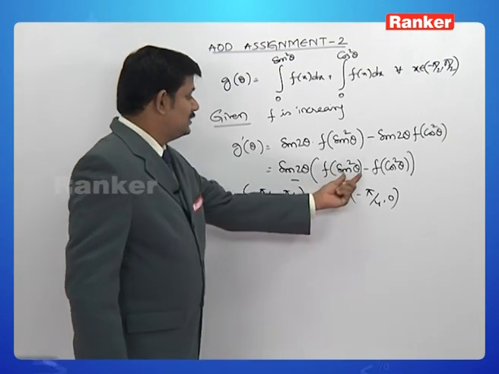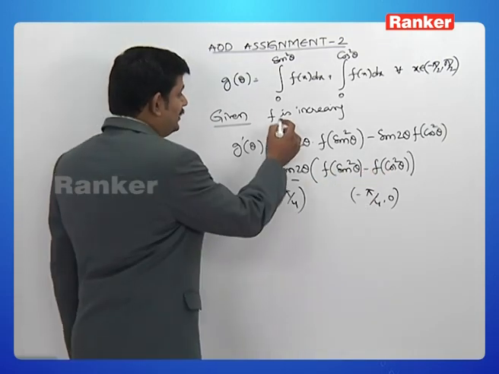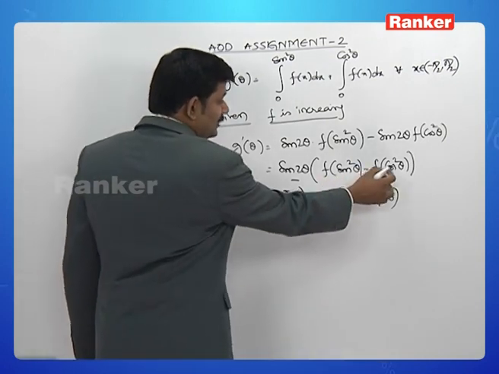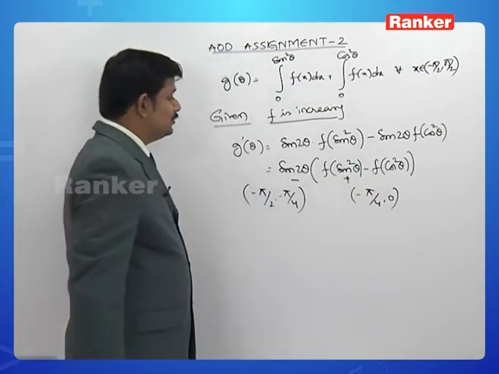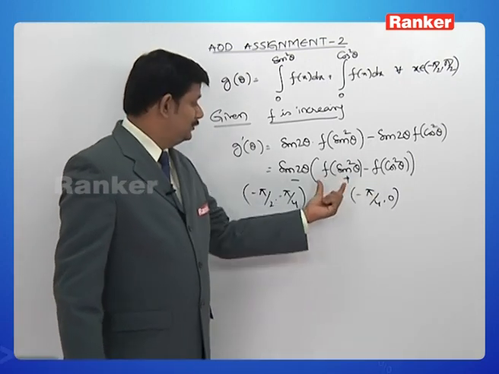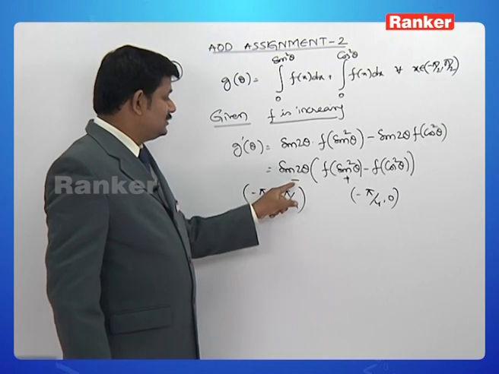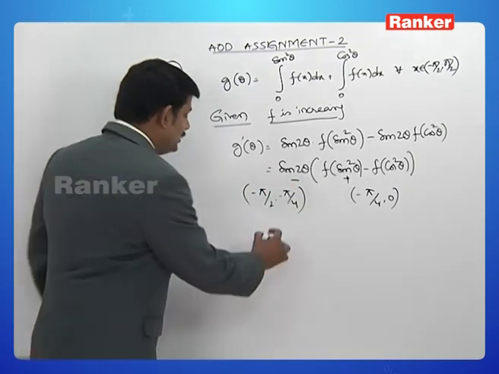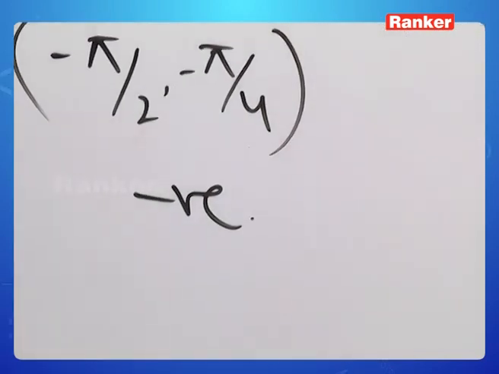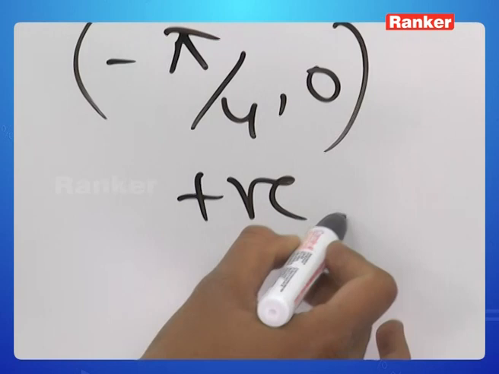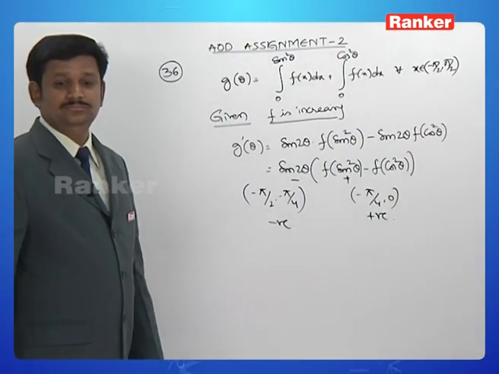So sin square theta is greater than cos square theta, and because f is an increasing function, f of sin square theta is greater than f of cos square theta. So f of sin square theta minus f of cos square theta is positive. So g dash theta is a product of a negative number and a positive number, negative in the interval minus pi by 2 to minus pi by 4 and positive in the interval minus pi by 4 to 0.